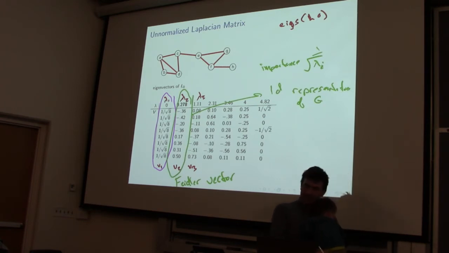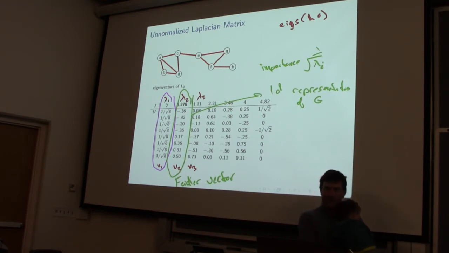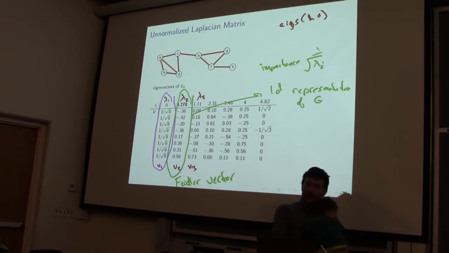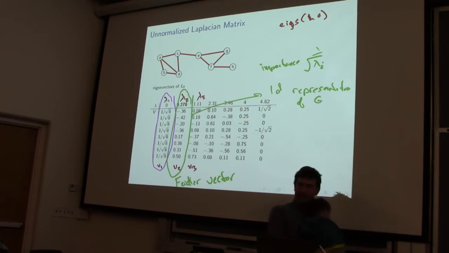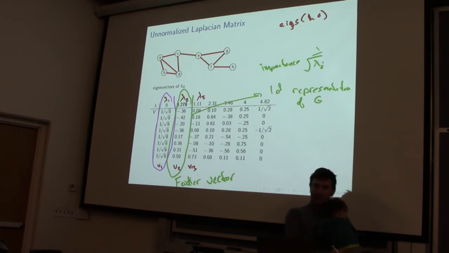I'm not going to specifically define best right now. It's going to have to do with the normalized cut. When we talk about PCA, there's going to be a much more clear definition of best. So when we get to that, you can come back and understand it's something like that. This will correspond with some different cut metric for the unnormalized Laplacian matrix.